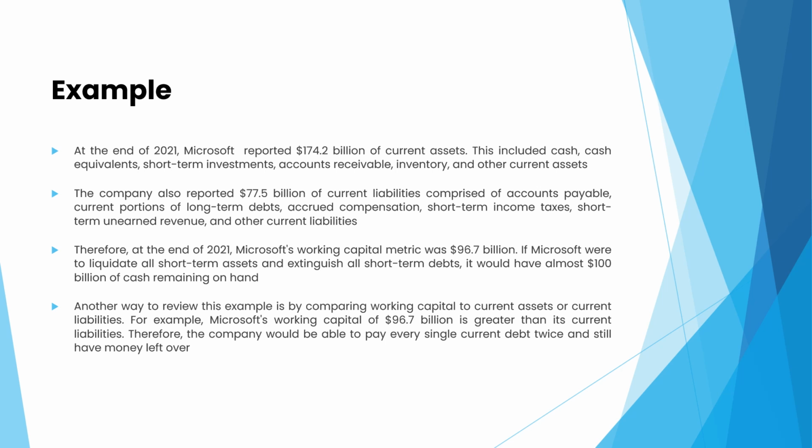If Microsoft were to liquidate all short-term assets and extinguish all short-term debts, it would have almost $100 billion of cash remaining in hand. Another way to look at it is, Microsoft's working capital of $96.7 billion is greater than its current liabilities, therefore the company would be able to pay every single penny twice of the debt they have.